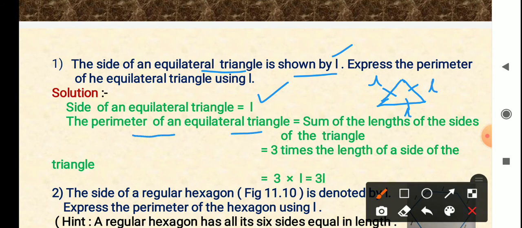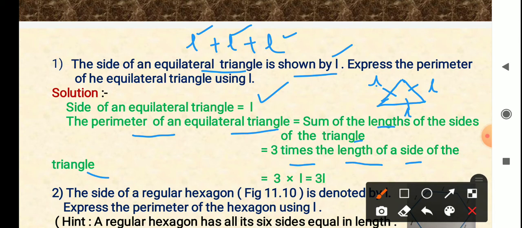So the perimeter of an equilateral triangle is equal to the sum of the lengths of the sides of the triangle. But here we know that an equilateral triangle has three sides and they are equal in length. So we write 3 times the length of a side of the triangle, because L plus L plus L means L is repeated 3 times.